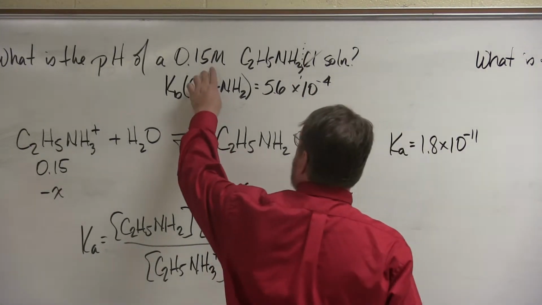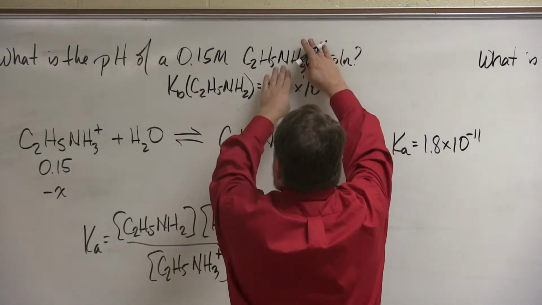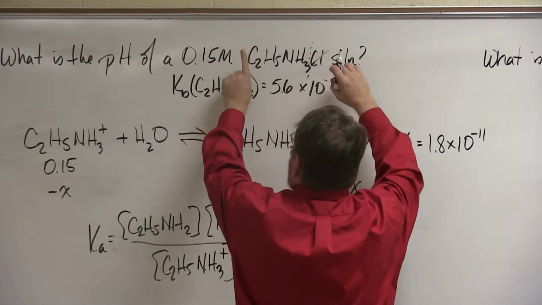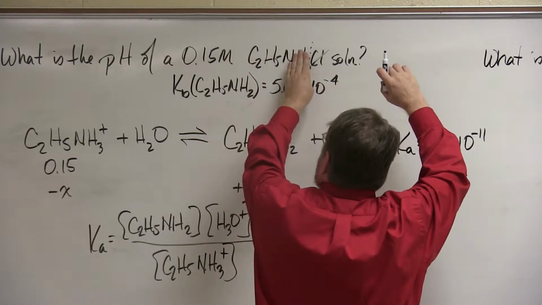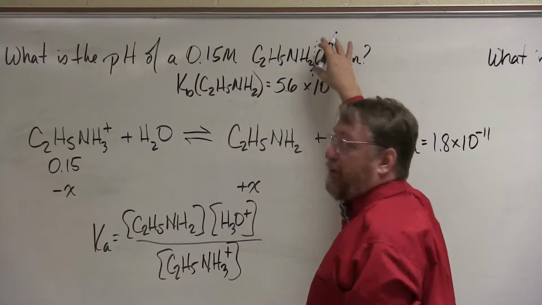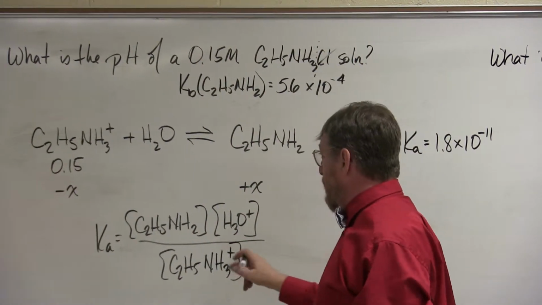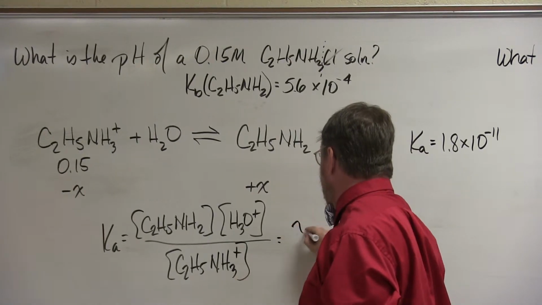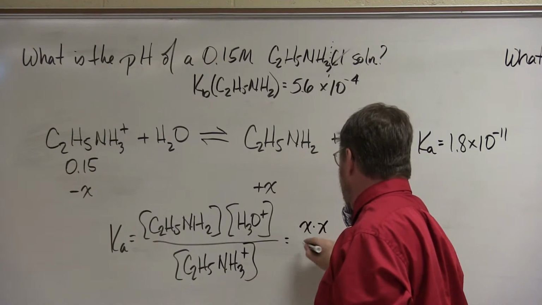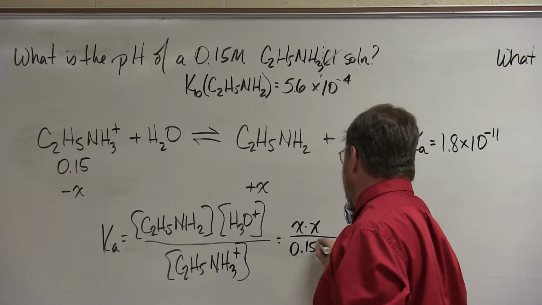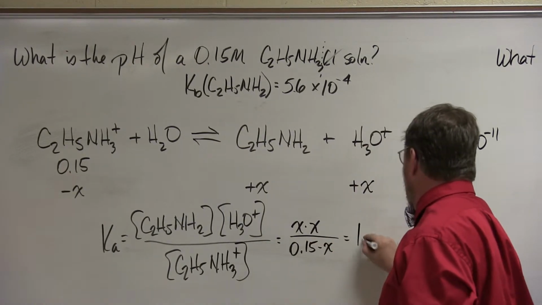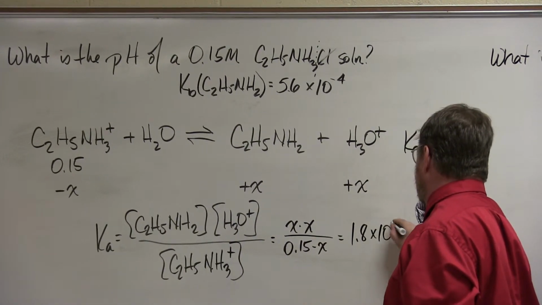Well, if I have 0.15 molar of this, I have 0.15 molar of each ion, since there's one ethyl ammonium ion per one chloride. So I'm going to go over here and say, okay, x times x divided by 0.15 minus x is equal to 1.8 times 10 to the minus 11.